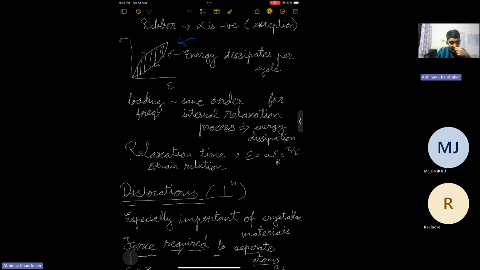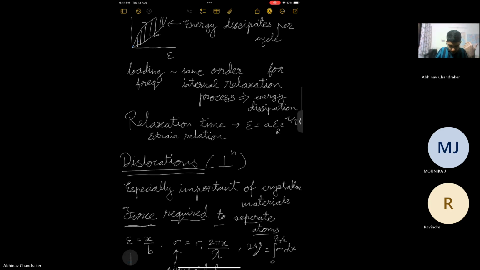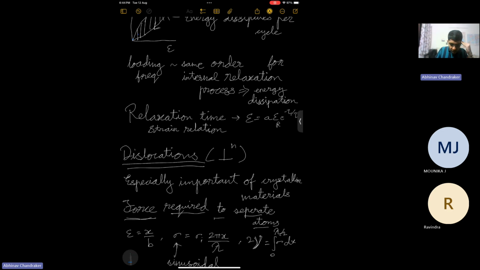It will absorb a lot of energy. If it is absorbing a lot of energy, it means that the chances of failure of the material are lower. And this can happen when the loading frequency is of a similar order to the relaxation processes that are occurring.